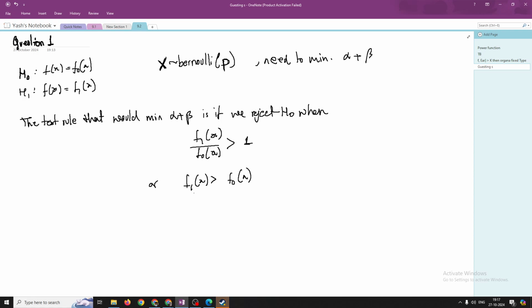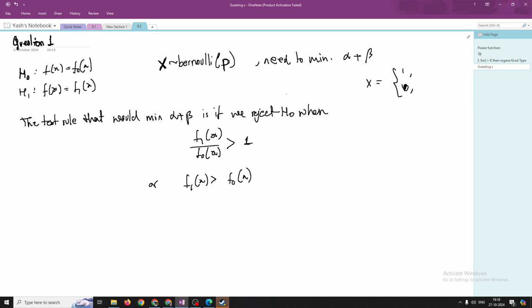Now what is f1 of x? f1 of x is the likelihood function of my sample. I have a sample, but the sample size is 1 because I am only drawing a single Bernoulli variable, right? So this likelihood function is just the probability of observing what I observe. So x is a Bernoulli p, and x can take two values, 1 and 0.